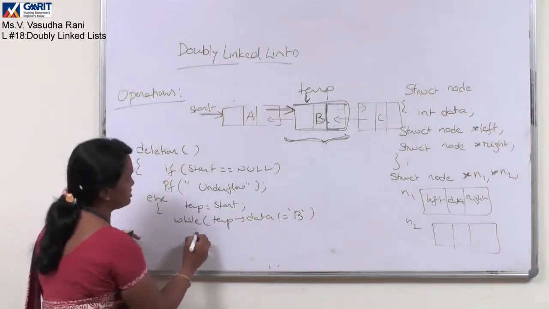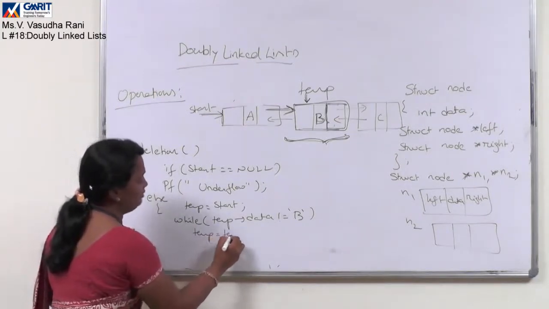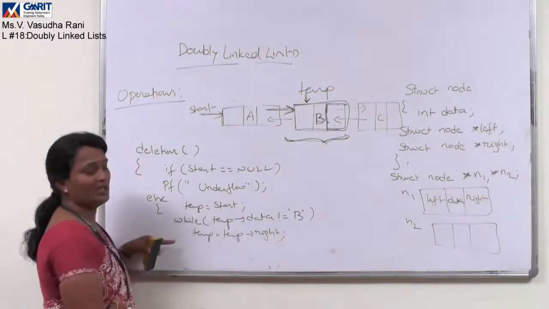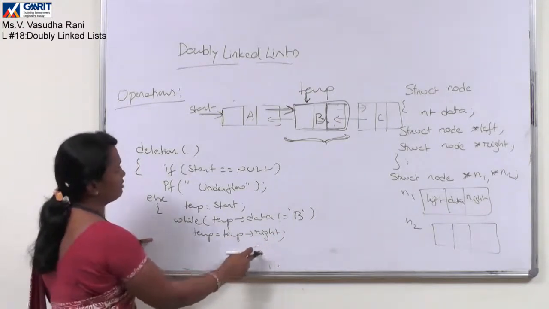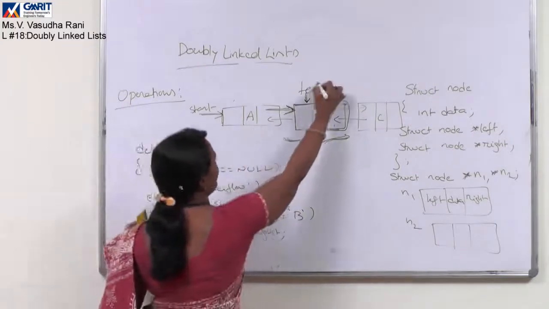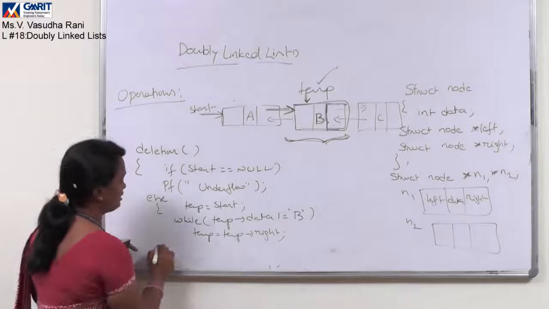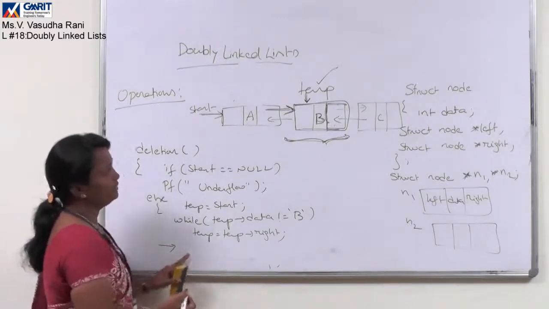For traversing, it is temp equal to temp's right. Once we have traversed and identified this temp node, now we have to write the statements for deletion.